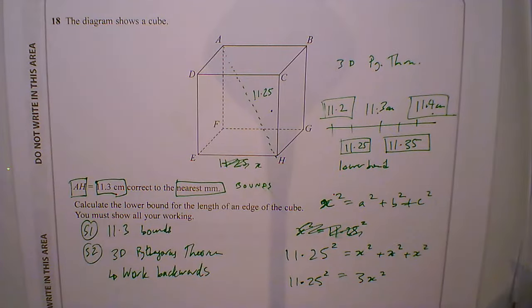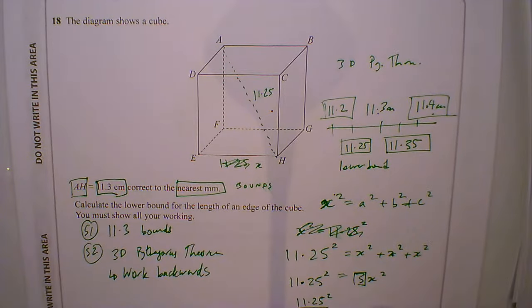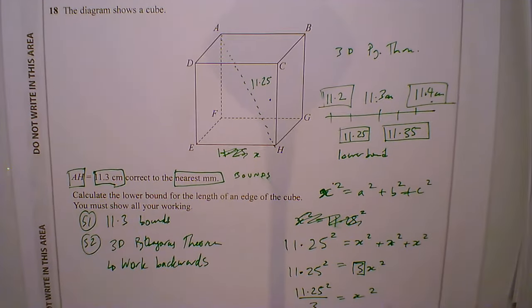And now I can go backwards. I can divide by 3. 11.25 squared divided by 3 gives me x squared, and then I can do the square root of that. So all of that square rooted, 11.25 squared all over 3.